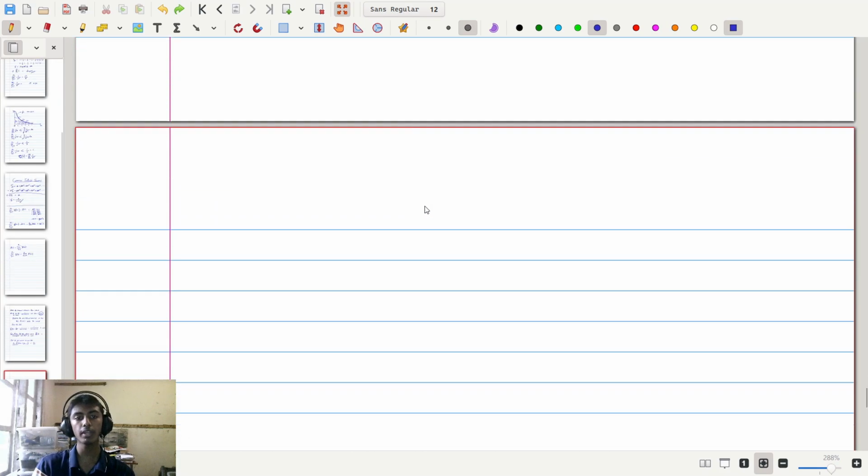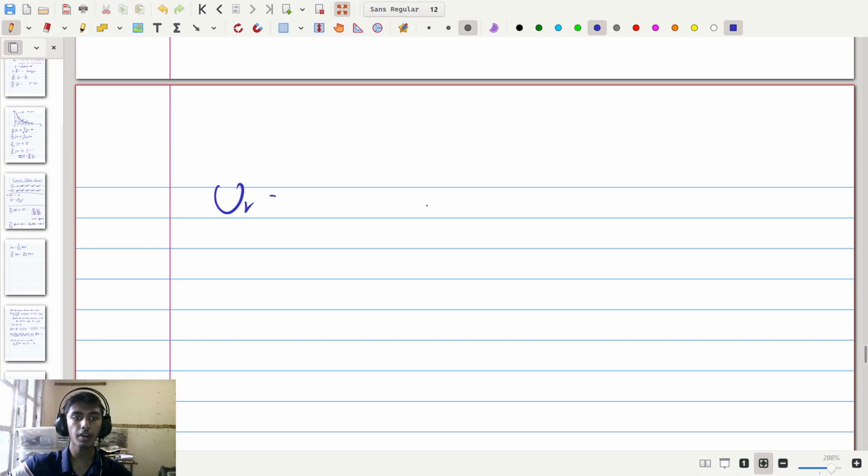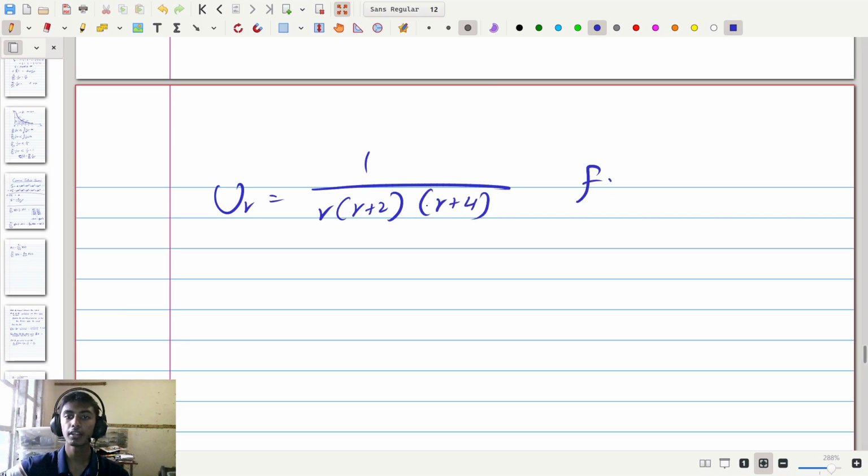Going down, if we do that, we have u of r being equal to 1 divided by r times r plus 2 times r plus 4, and f of r being equal to 1 divided by r times r plus 2.